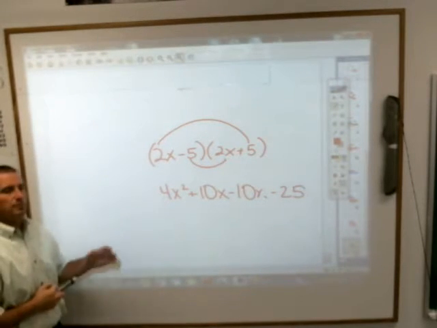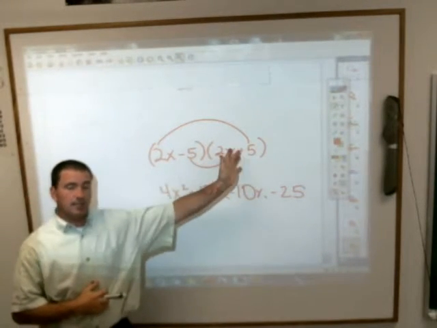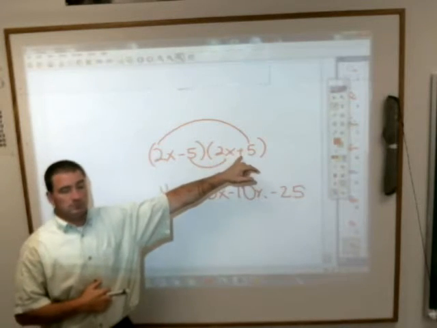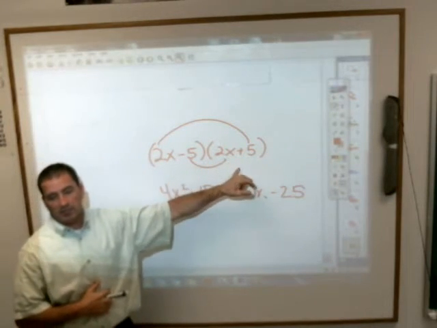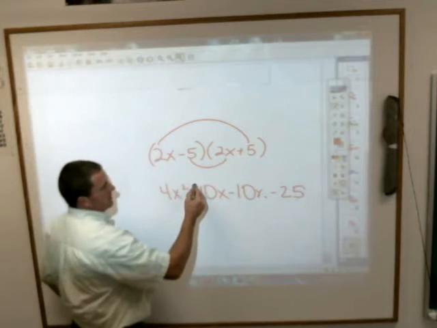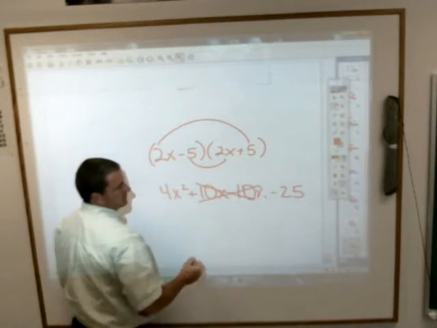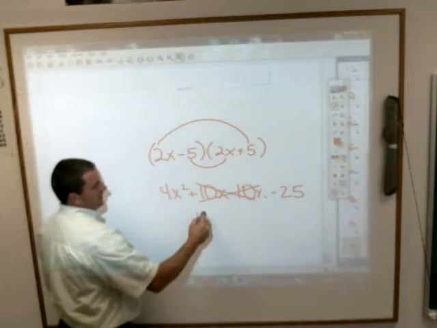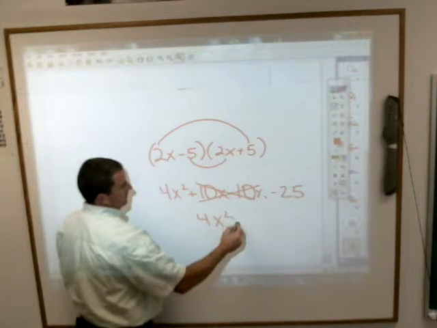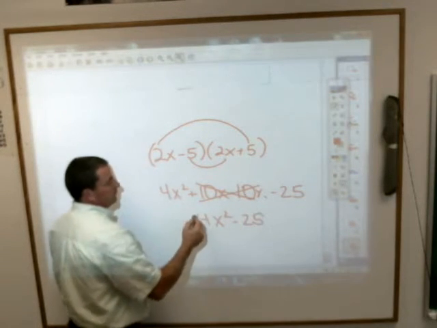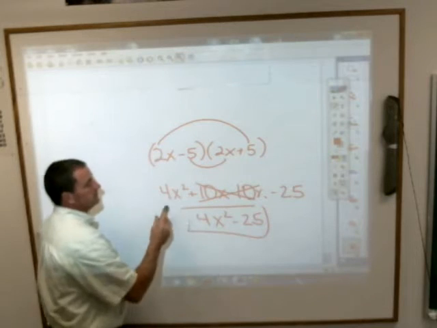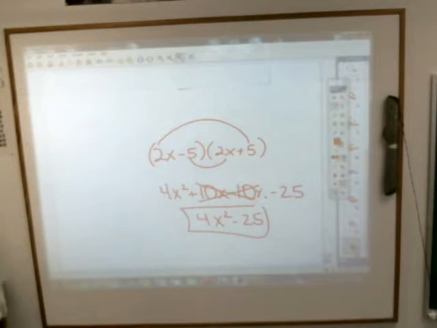If you come up with two binomials that are exactly the same, except for the middle sign, one being plus, one being minus, the middle terms are going to drop out because they end up being opposites. So you'll end up with just 4x squared minus 25. Some of you might have got that right just because it happens to be that way.